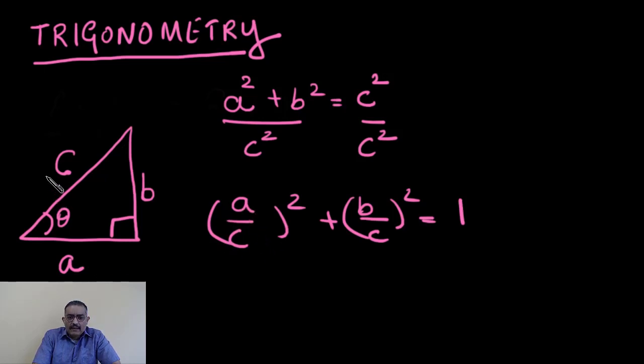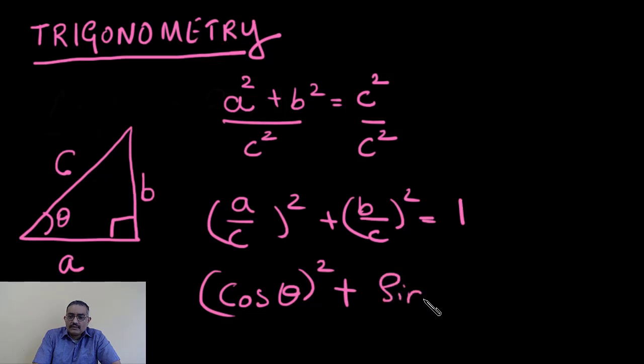So a by c is essentially the adjacent side by hypotenuse, which is cos theta, squared, plus b by c is the opposite side by hypotenuse, which makes it sine theta, squared, is equal to 1.